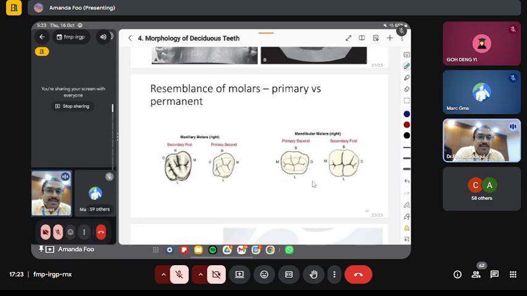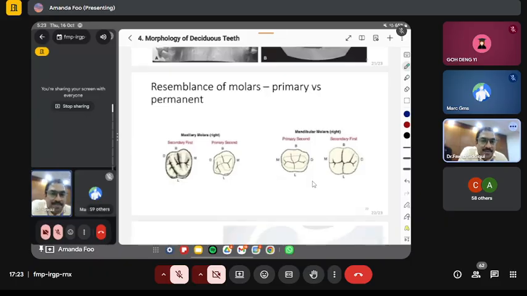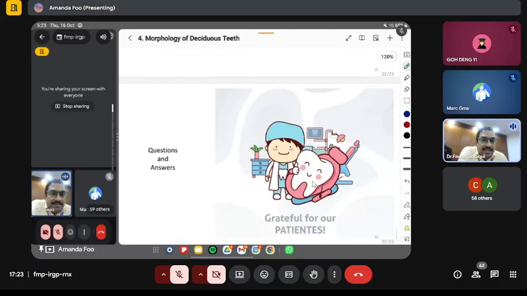So if you identify an incisor, then you already know next to the incisor will be a lateral incisor. Next to the lateral incisor will be a canine. Next to the canine, maybe a primary molar or a premolar. So this slide just goes on to tell you the resemblance of the primary second molar and the permanent first molar. Okay, good. That's done.